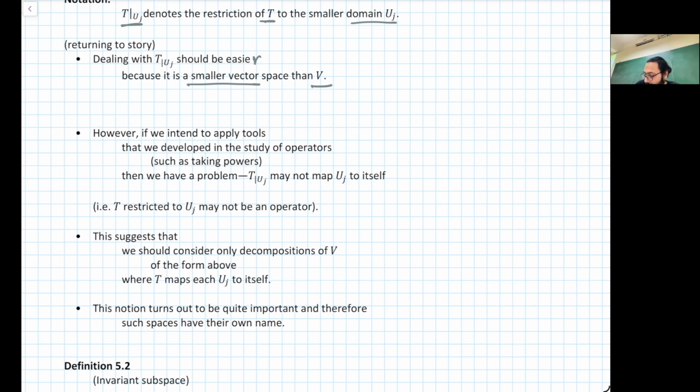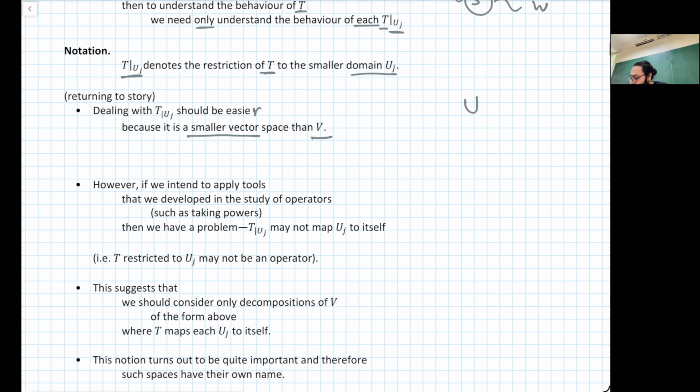In each U_i, if an element is present, then it would only be in the span of that vector space. So if you have some vector little u in U_i, what is your question then? No, it's in the span, right?